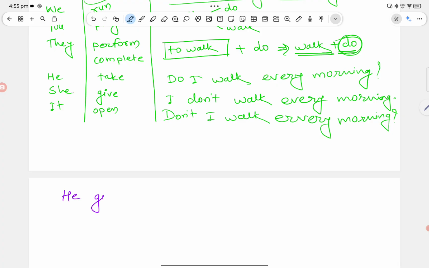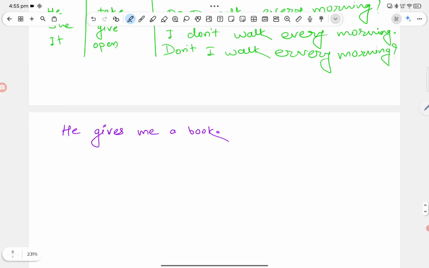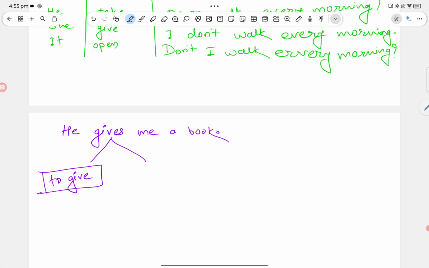We'll do one sentence of this group. He gives me a book. To give is the infinitive form of the verb. It gets added with do and becomes give.